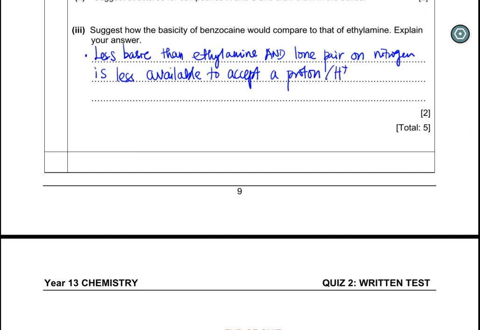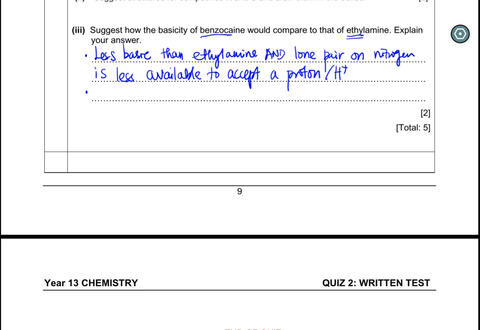Do not say less available to lose a proton, which refers to acidity. That one we use for the comparison of carboxylic acid or phenol. So for the reason here, you have two choices. Either you talk about the characteristic of the benzene ring or the alkyl group.